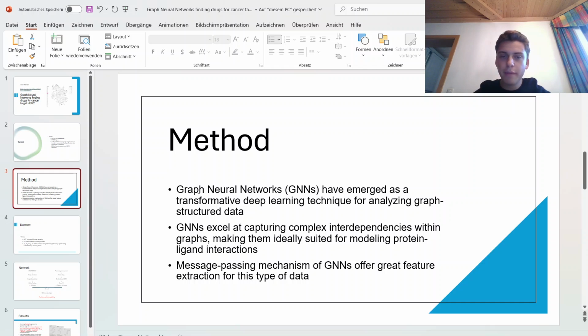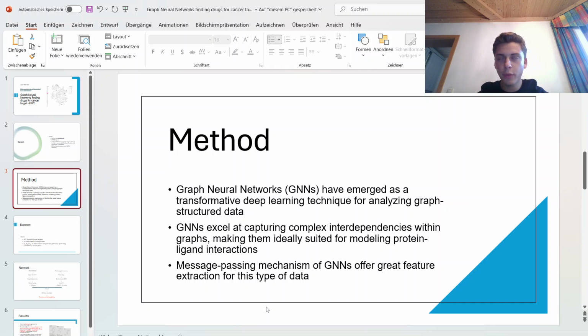So for the method, I used graph neural networks. They have emerged as a transformative deep learning technique for analyzing graph structured data, which is, I guess, obvious. These excel at capturing complex interdependencies within graphs, making them ideally suited for modeling protein-ligand interactions. So exactly what we are doing.